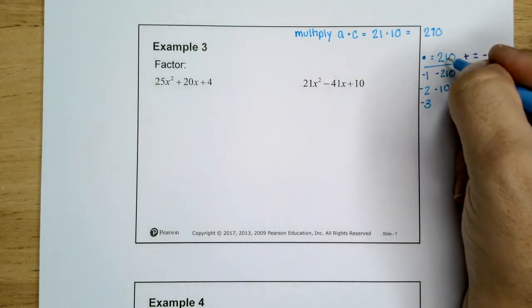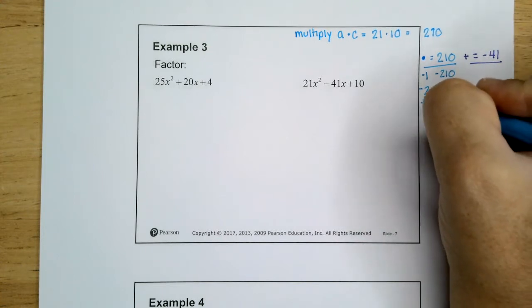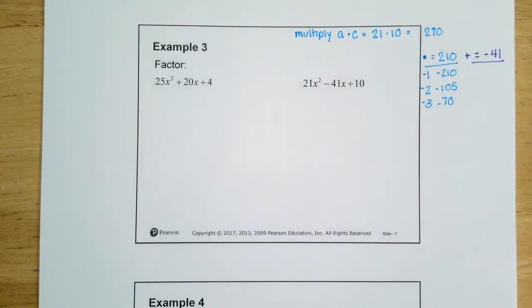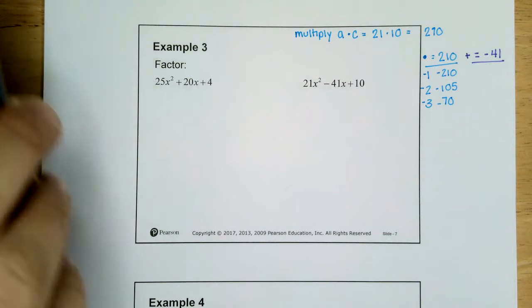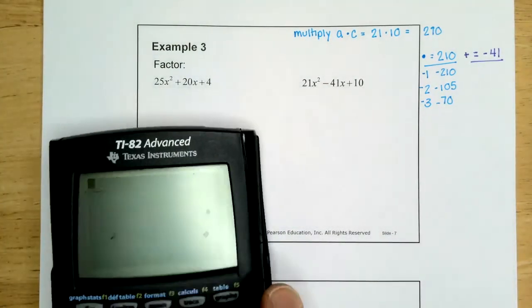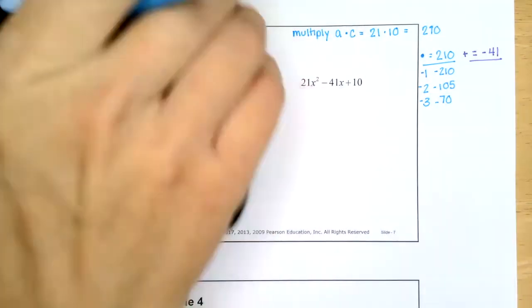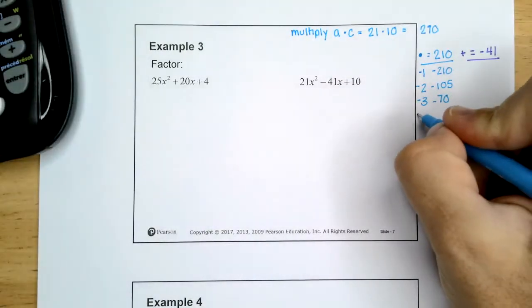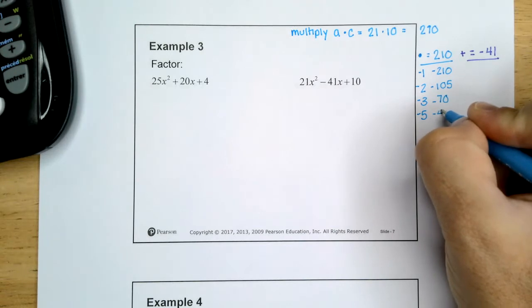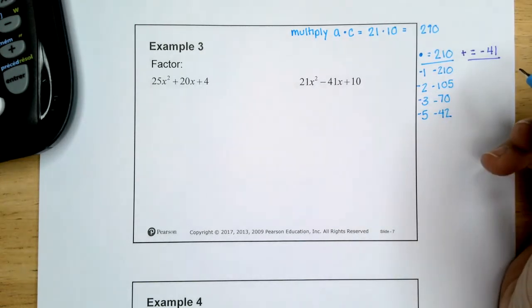210 divided by 3. It's like 21 divided by 3, which would be 7, right? And then 210 divided by 5, right? 210 divided by 5 is 42. What else do we got?